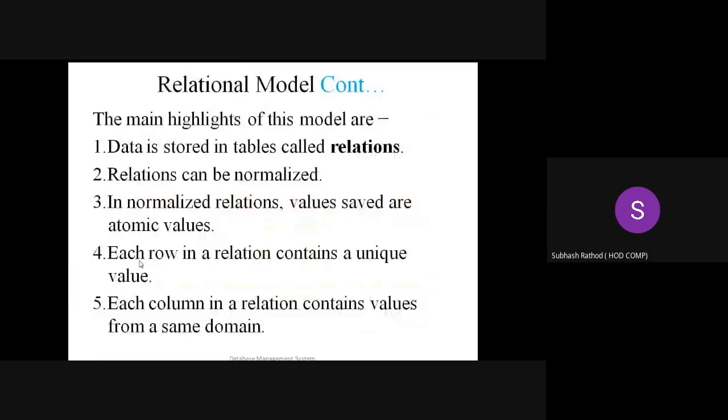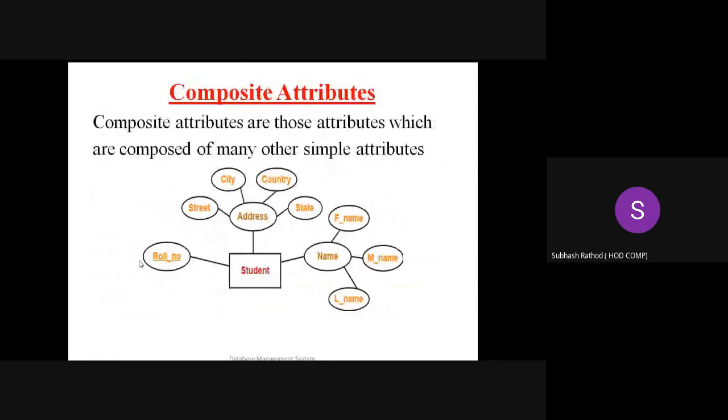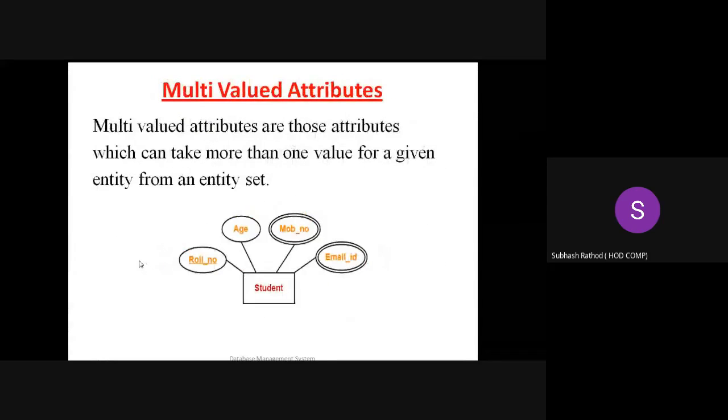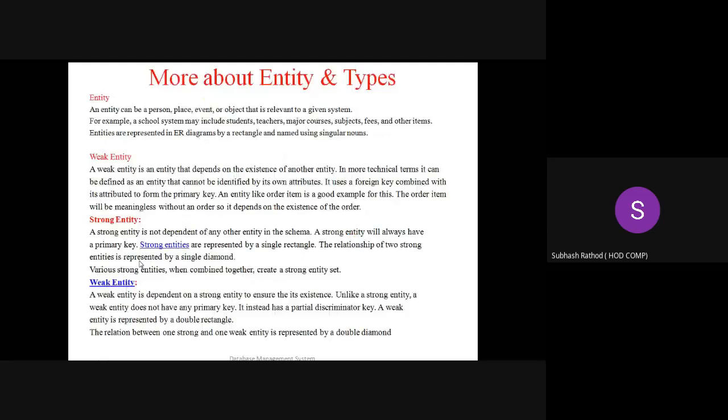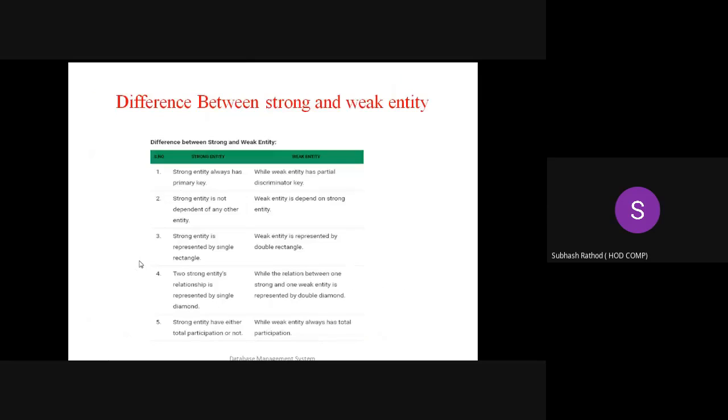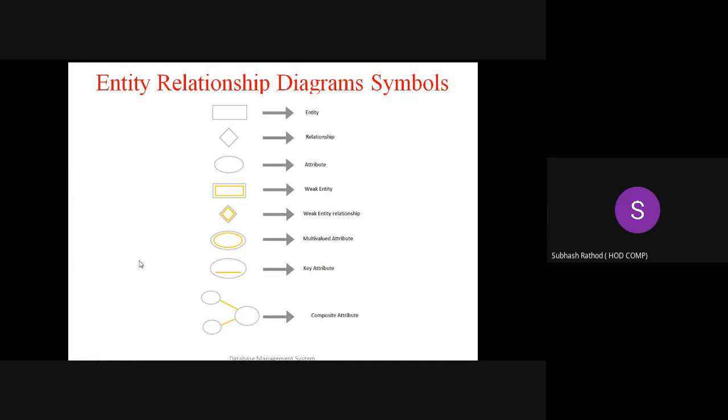So in the relational model we have seen attribute types: simple, composite attribute, single-value attribute, multi-value attribute, derived attribute, key attribute, entity, weak entity, strong entity, strong entity set, weak entity set. The difference between strong entity and weak entity we have done. So these are the symbols used for drawing ER diagrams.